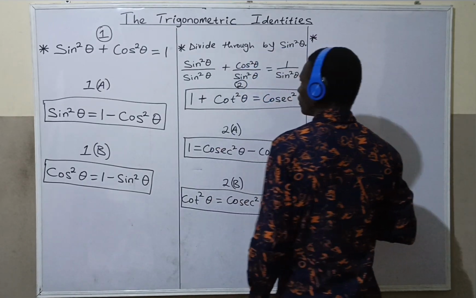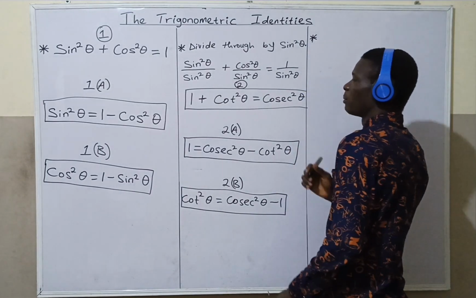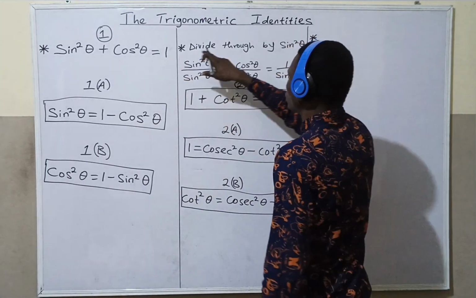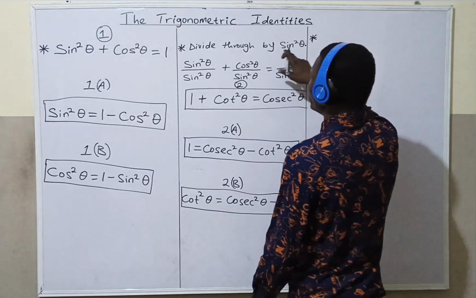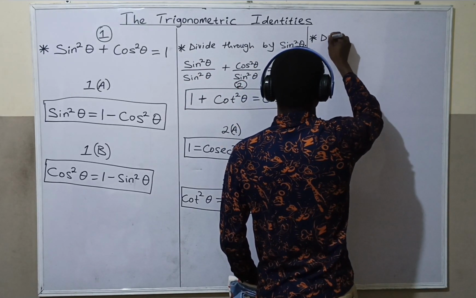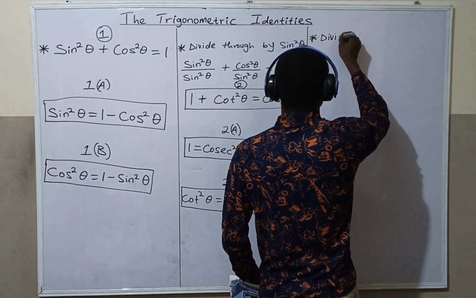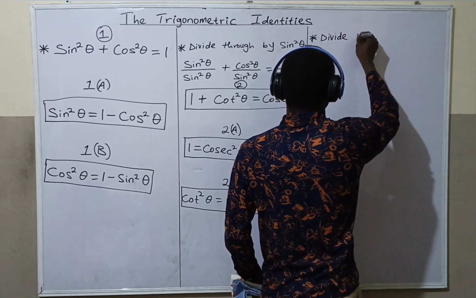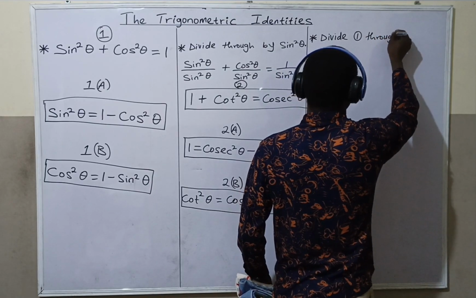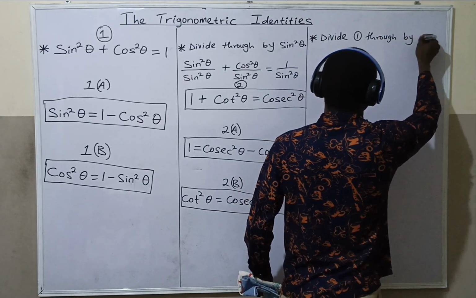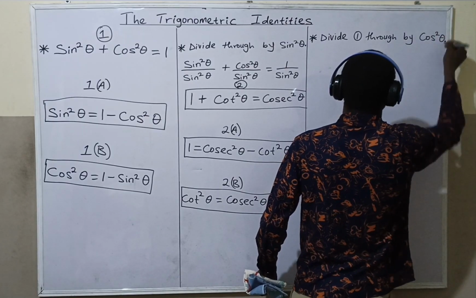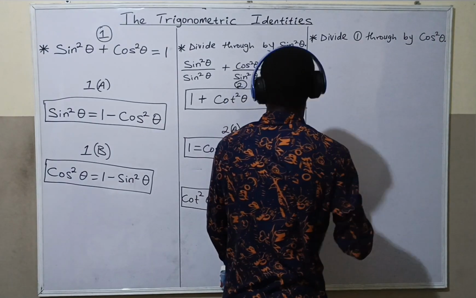To the next line. Now to get identity number 3, this time around, instead of dividing identity number 1 through by sin² theta, we'll be dividing through by cos² theta. So we divide 1 through by cos² theta. And in that case, what are we going to be having?